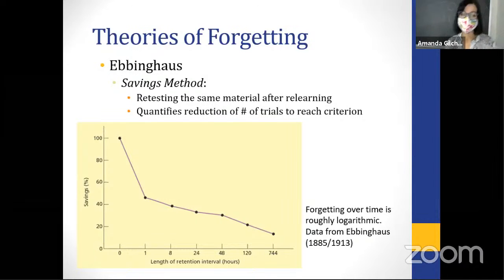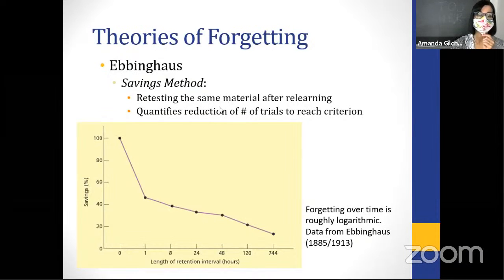And here's what Ebbinghaus found. So he basically did something called a savings method. He would see how long it took him to relearn the list. So if you were at 100%, it took no time to relearn that list.